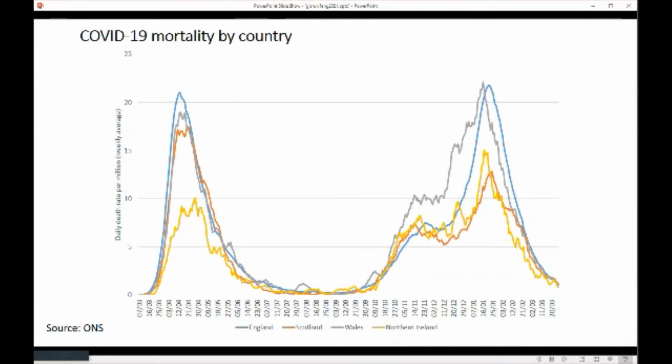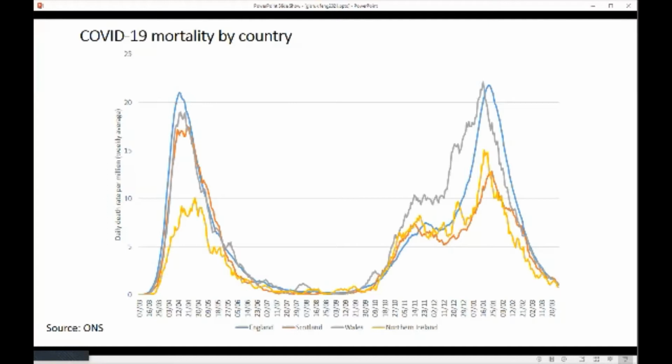Here I show a graph. This is COVID-19 mortality for the 4 countries in the UK. We can see the mortality due to COVID-19, first recorded on the first of March.